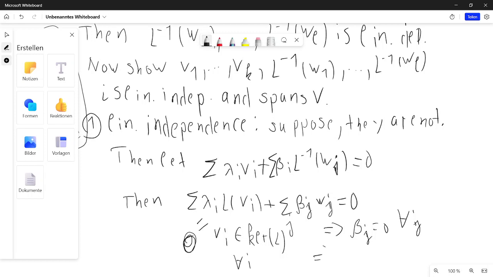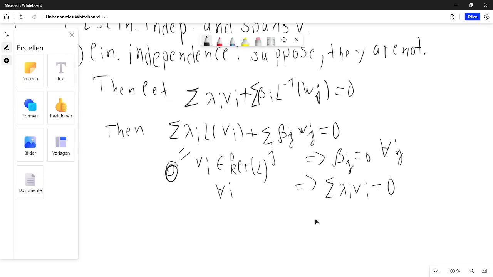But if they are all 0, then we plug it in here, and this equality results in lambda i v_i equal to 0. And by linear independence of the v_i's, we get lambda i is equal to 0 for all i, right?